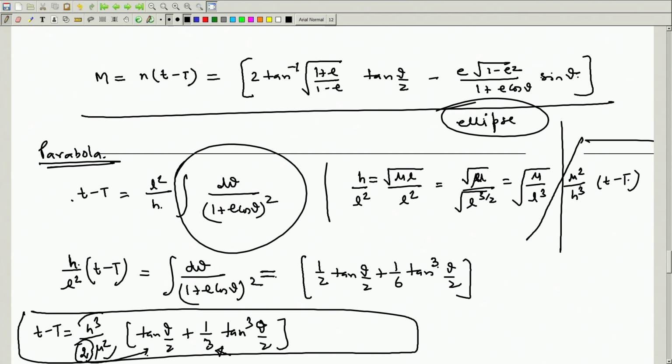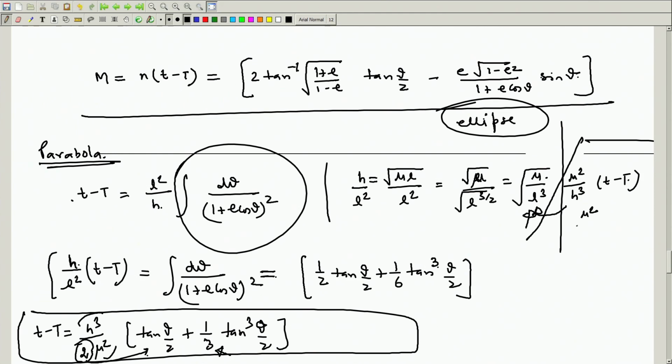Okay. So, if we try to reduce it, here in this case we have written in terms of this part, mu by L cube as we can express, or h by L square, whatever way we want to express. So, say if we eliminate h, it should get reduced to this format.